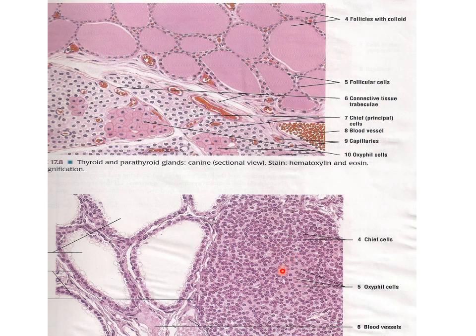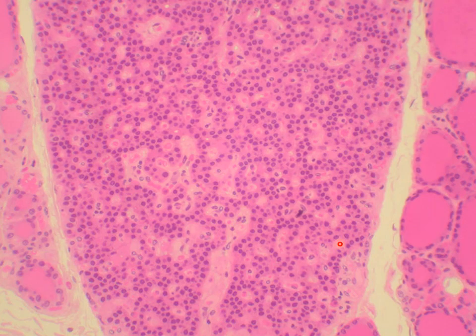These are fenestrated capillaries. Again, this is an H&E stained slide of the parathyroid gland, in which on each side you can appreciate the thyroid gland structure, along with the thyroid follicle and its capsule, in which the parathyroid glands are embedded. In the parenchyma of the parathyroid gland, you can see two types of cells.